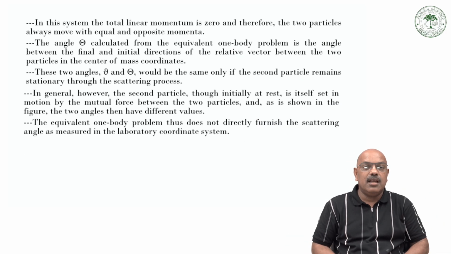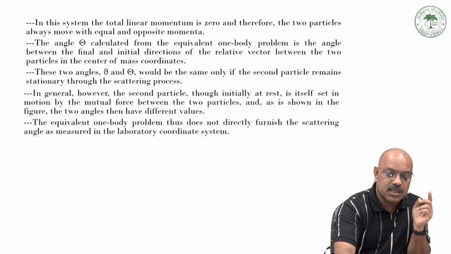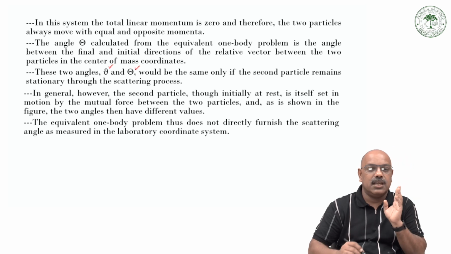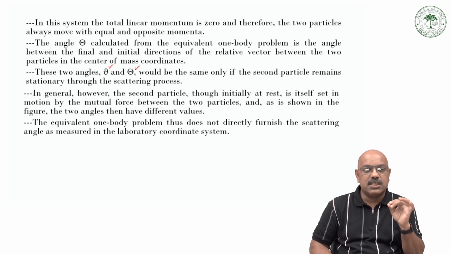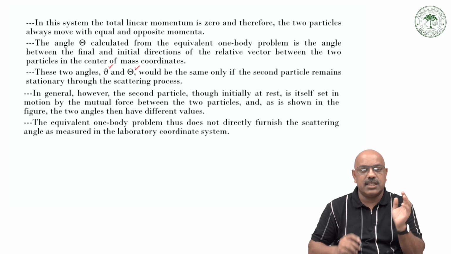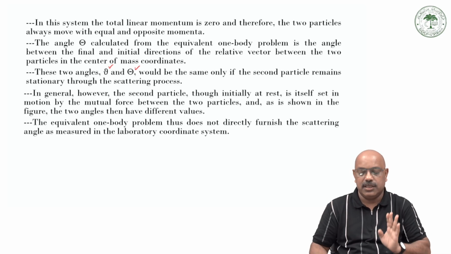so the angle theta is calculated from the one body problem. These two angles, one in the laboratory system and one in the center of mass, would be the same only if the second particle remains stationary throughout the scattering process.